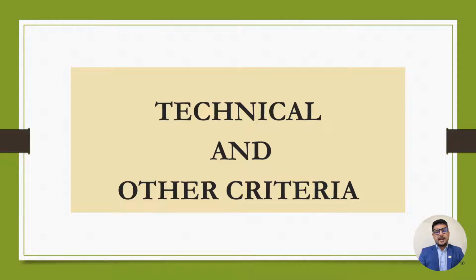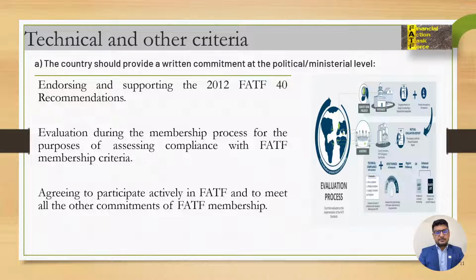Now, technical and other criteria. Technical: the country should provide a written commitment at the political ministerial level, endorsing and supporting the 2012 FATF 40 Recommendations. First thing, they should endorse these 40 recommendations.